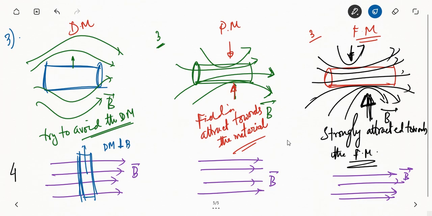In the case of paramagnetic material, it is aligned parallel to the field. Remember that these are the external fields. In the case of ferromagnetic material, it is also parallel to the field. But these are strongly and weakly parallel, and obviously the diamagnetic is perpendicular.